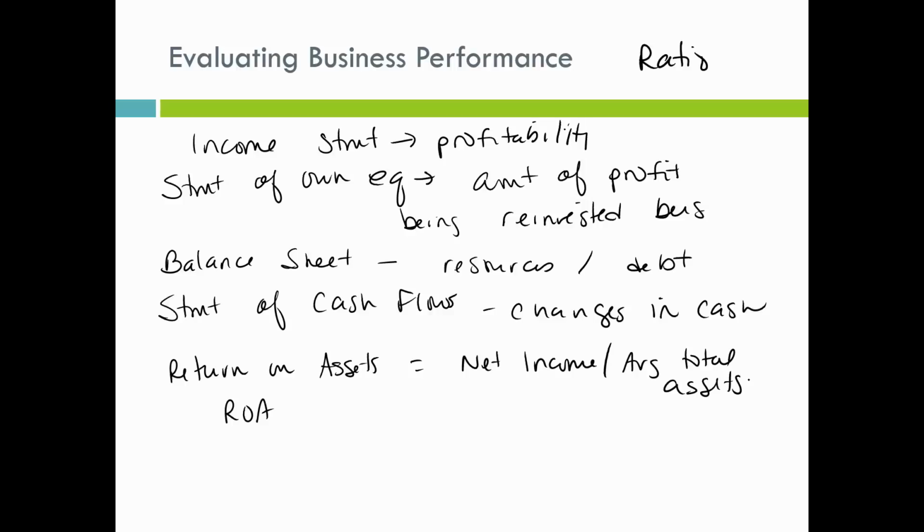And anytime you see average in one of these ratios, you take the beginning number, what it was on January 1st, plus the ending number, what it was on December 31st, and average the two together. You really see this a lot in these ratios, so you need the two balance sheets, the end of last year and the end of this year, to figure out the average between the two. That's how I would do return on assets.